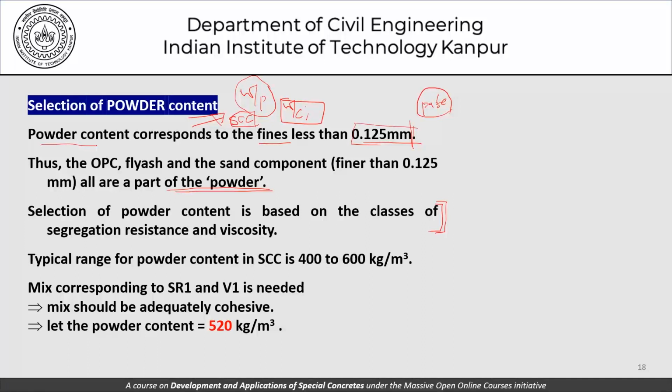And since in this case it is given to us to be SR1 and V1, the mix should be adequately cohesive, we take the powder content to be 520 kgs per cubic meter, which is almost the middle of this typical range of 400 to 600 kgs a cubic meter. So we fix the powder content to be 520 and try to find out, now how do we achieve this 520?